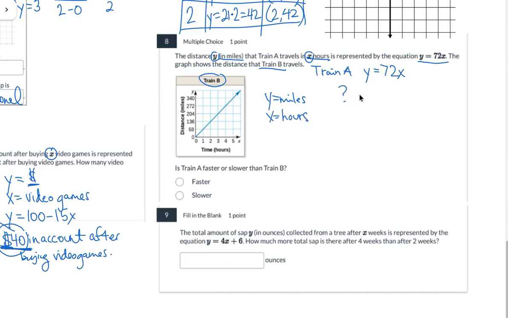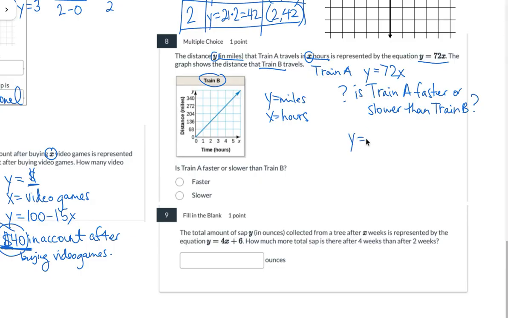And the question that they're asking me is down here. It says, is train A faster or slower than train B? So I've got to make sure I'm answering the right question, that I haven't forgotten. So this says y equals 72x.